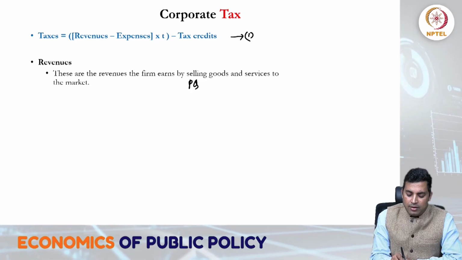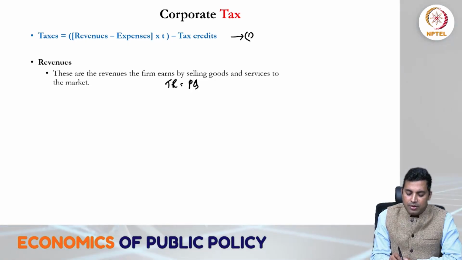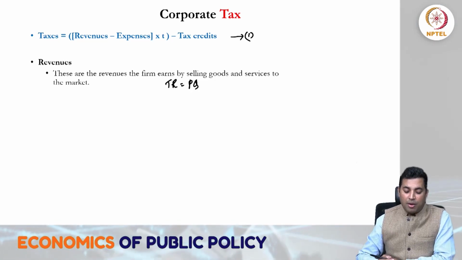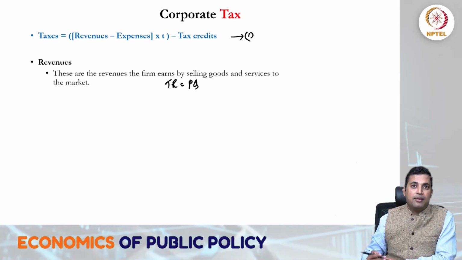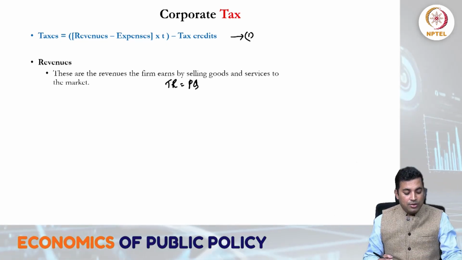So total revenue, as we know as students of economics, is P times Q. This is called total revenue.